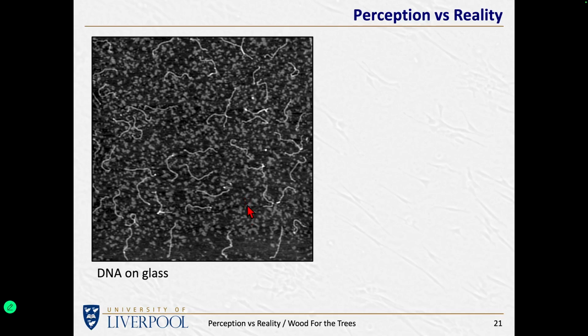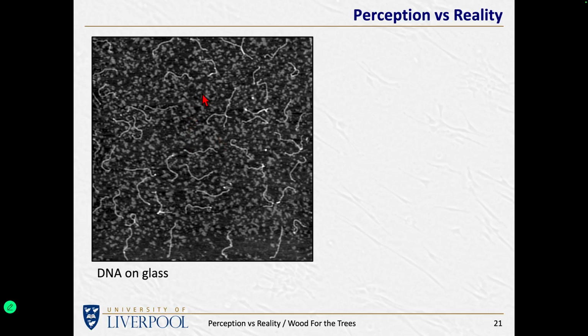If we look with a microscope, such as an atomic force microscope, we have a resolution much less than the wavelength of light, and so the smooth glass background actually looks mottled. That's why we've got this grey mottling in the background.